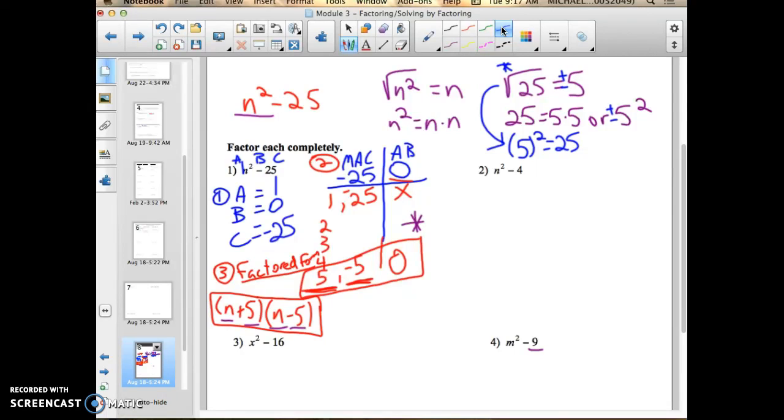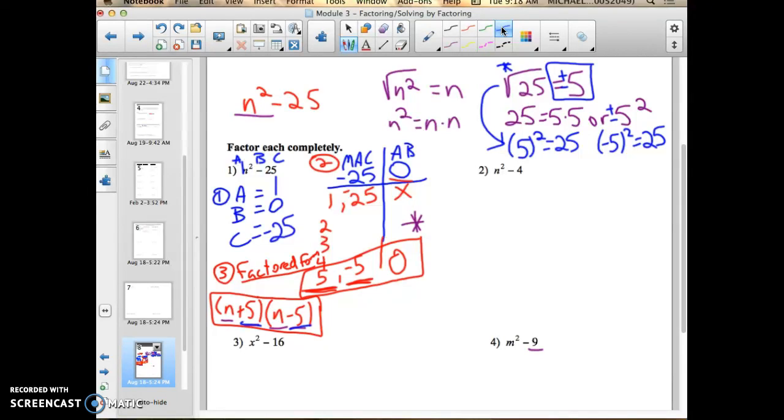But also, if you remember, the negative version of that number, negative 5 squared, equals 25 as well. So you have to include the positive version and the negative version of the number if you're taking the square root of something. And that's why the positive version and the negative version show up in your factored form.